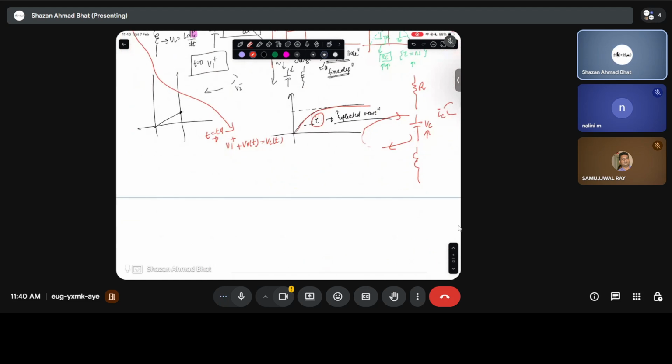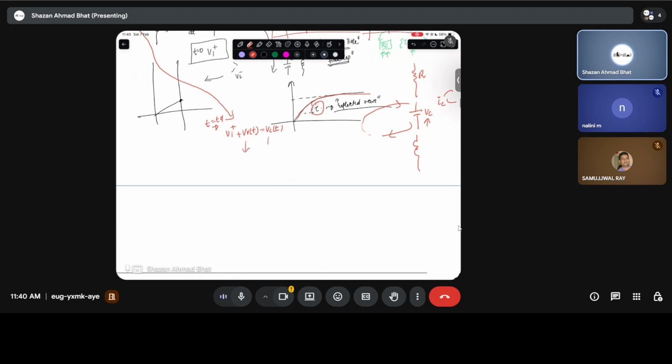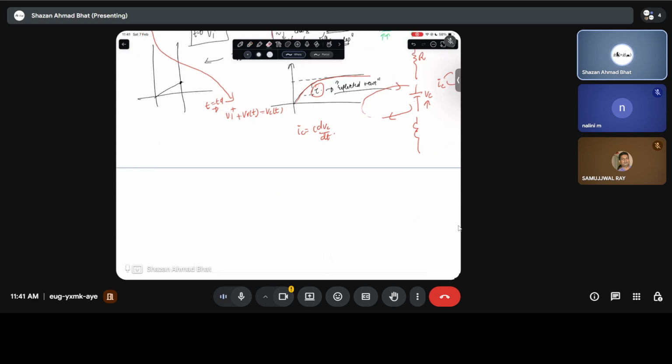If you write this in terms of the voltage across the capacitor, or, for example, in terms of the currents, because the current across the capacitor is C dVC divided by dt, you can apply the KCL even, and write V1 plus divided by Z naught minus VR of t divided by Z naught, which is the current, equivalent to C dVC divided by dt.